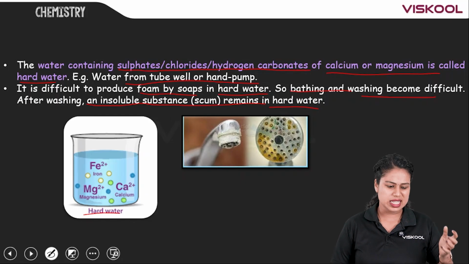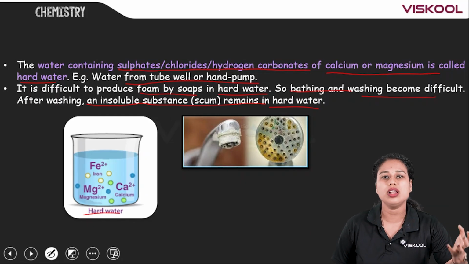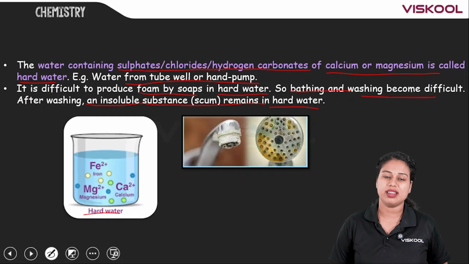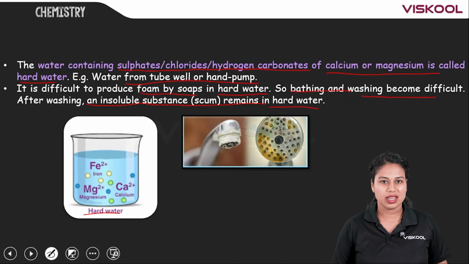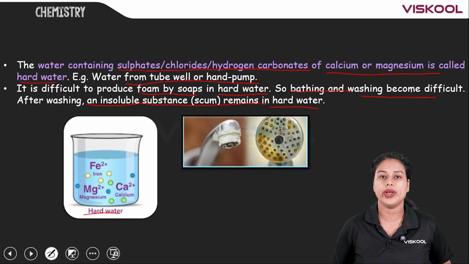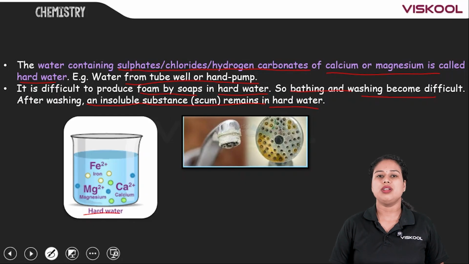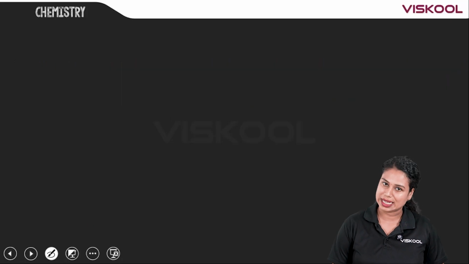After washing, we can see an insoluble substance, which we call scum. So soap forms scum in hard water. Soap is not effective in hard water, because of the presence of sulfates, chlorides or hydrogen carbonates of calcium or magnesium.